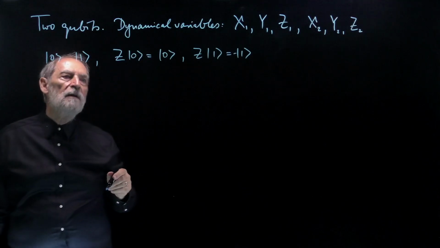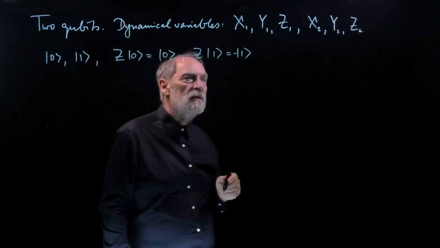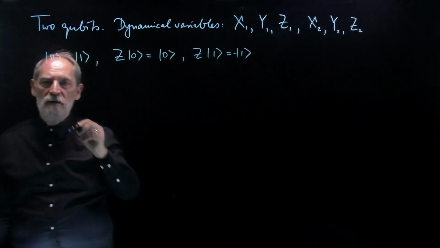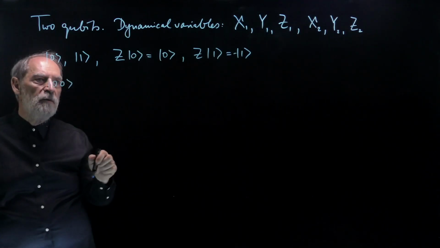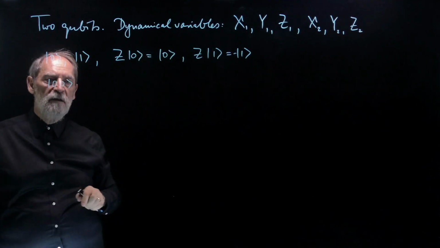And then, of course, we know what x and y do on those states. So for the 2-qubit system, a basis would consist of a state where we have 0 for the first qubit and 0 for the second qubit.